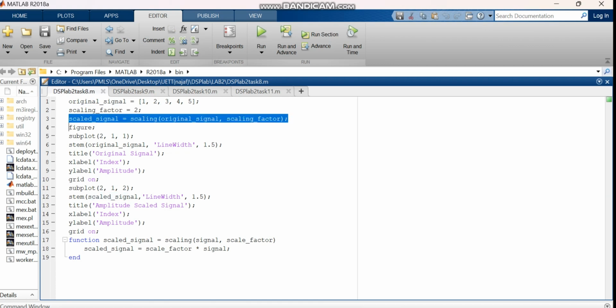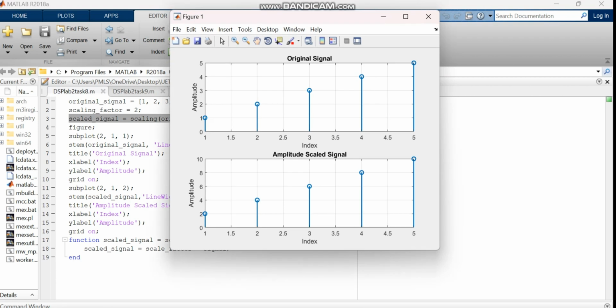We made a function with the name scaled signal in which we scale the original signal by the scaling vector and then we plot the signal. So if we run the code, we see that the amplitude at 1 is 1, whereas if we see the amplitude of the scaled signal at 1, the amplitude is 2, so the signal is scaled by the factor of 2.